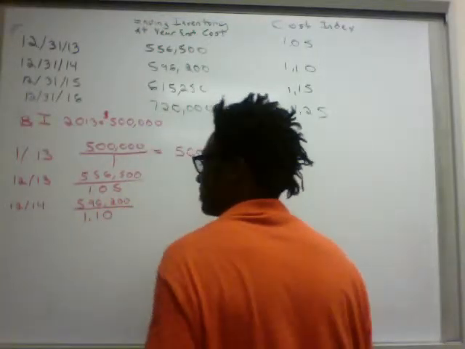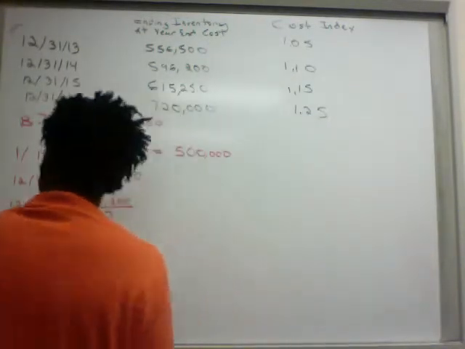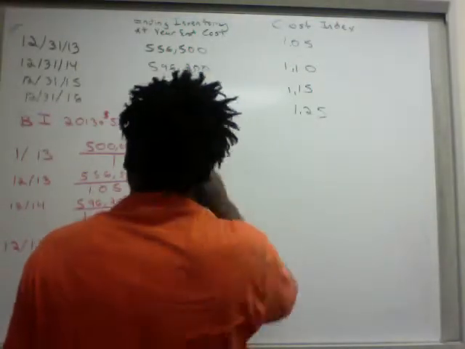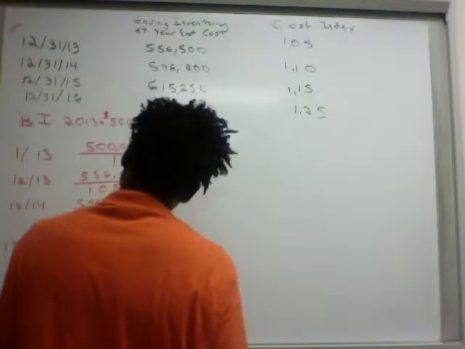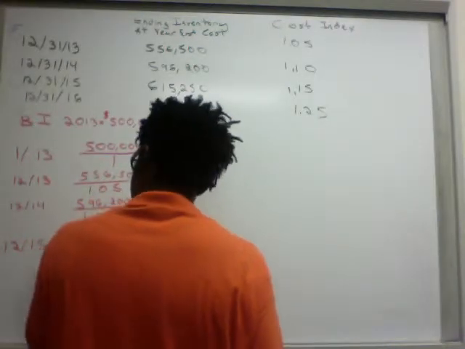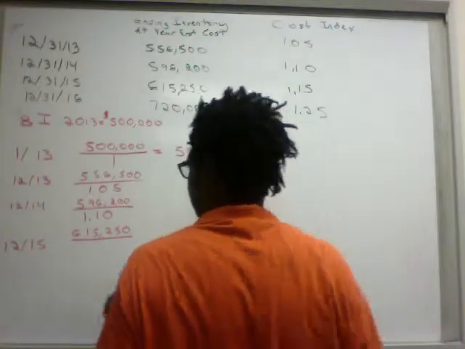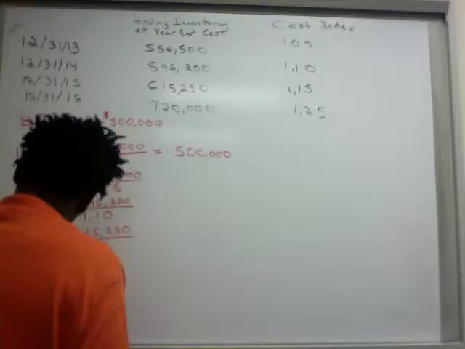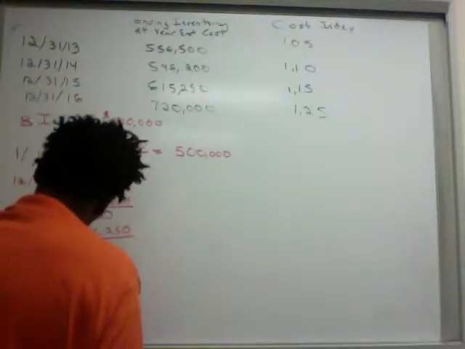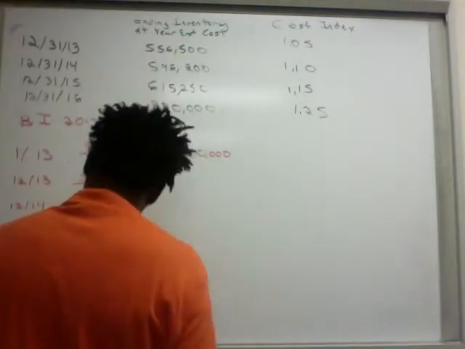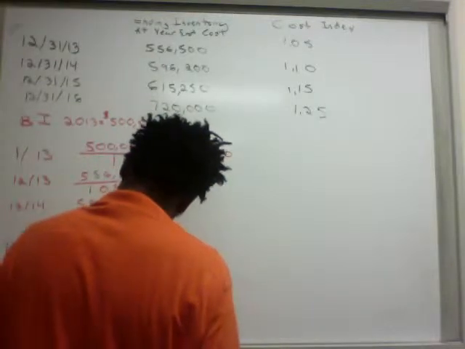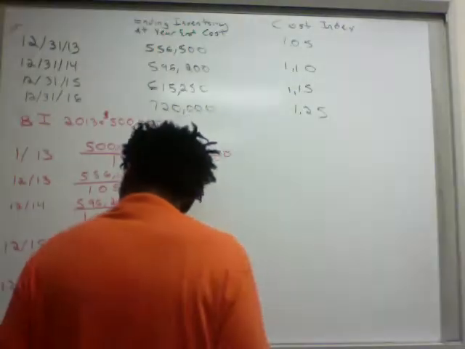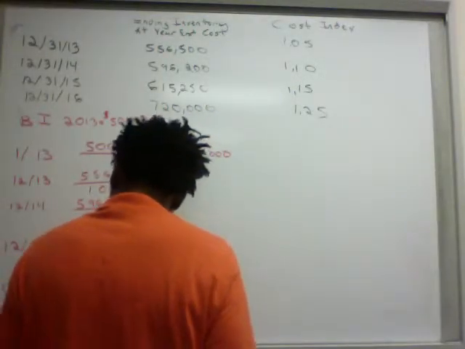We're going to continue forward with the next year, 615,250 divided by its cost index of 1.15. And lastly, we're going to take the very last year, 2016, which was 720,000, and divide that by its respective cost index of 1.25.